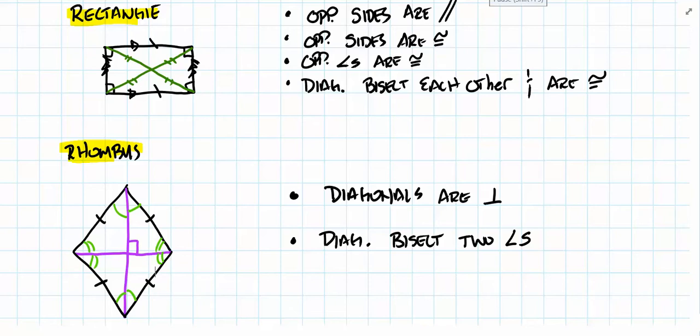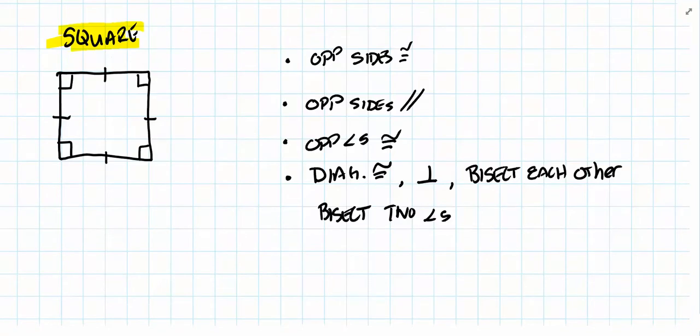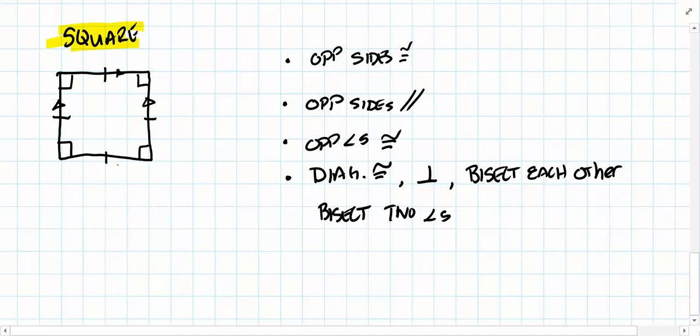All right, so the square has tons of properties. Let's dress that up. Opposite sides are congruent, so I have that labeled. Opposite sides are parallel, so we can say that these are parallel, and this is parallel to this. And we know opposite angles are congruent. And we know the diagonals are congruent, bisect each other, bisect two angles and meet perpendicular.